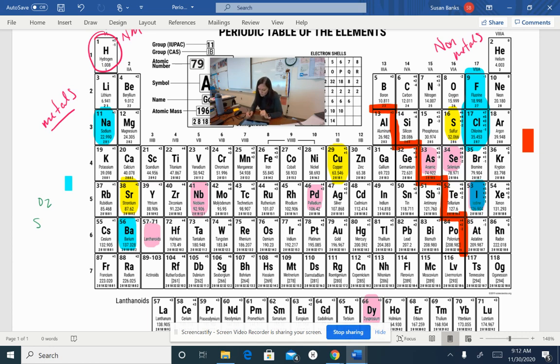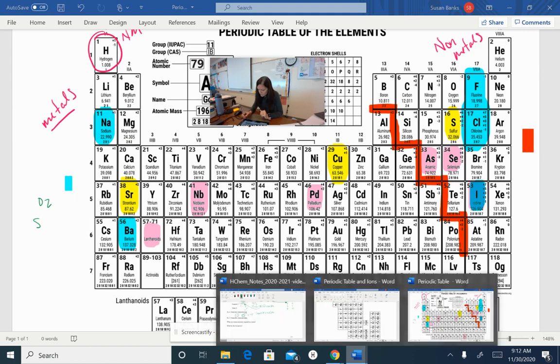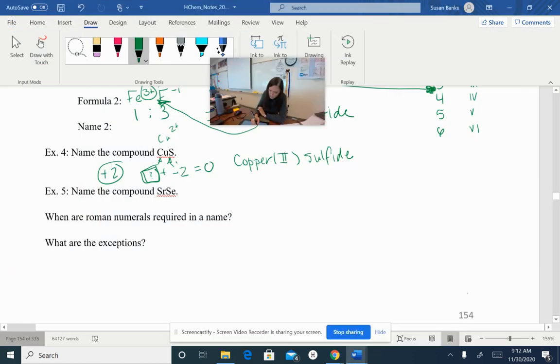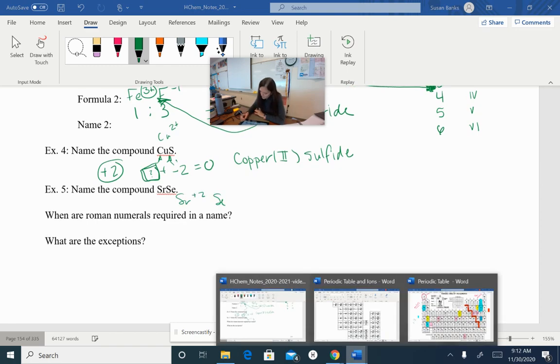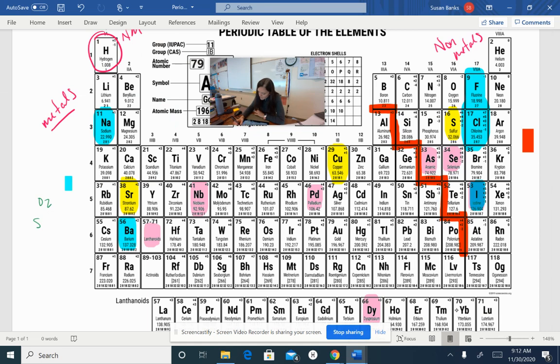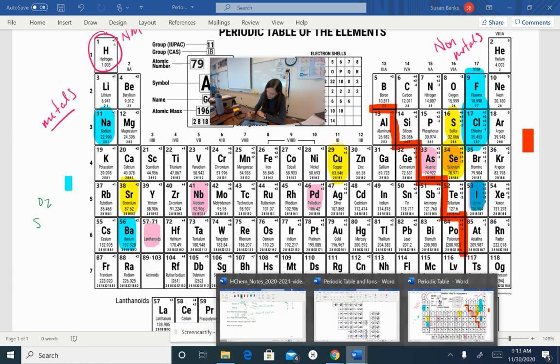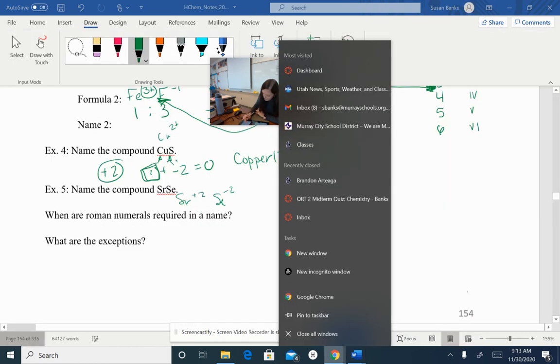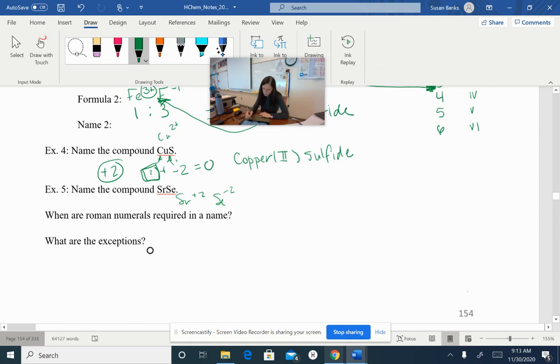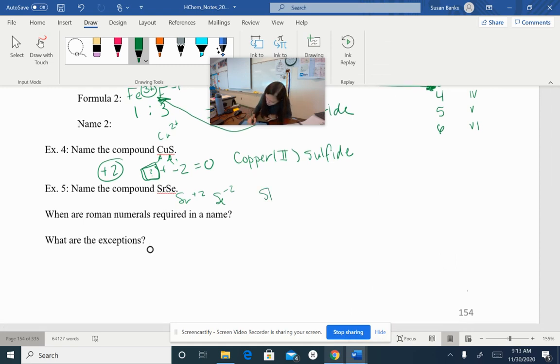So let's look at how we are going to name this. We know that the strontium is a +2, and let's look at selenium. Selenium is a -2, it's right here. So we have our ratio of 1:1. And because we do not need Roman numerals, we're going to call this strontium selenide.